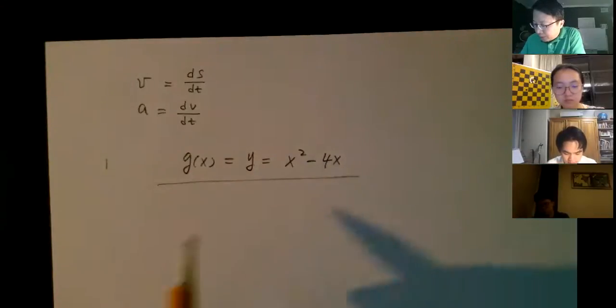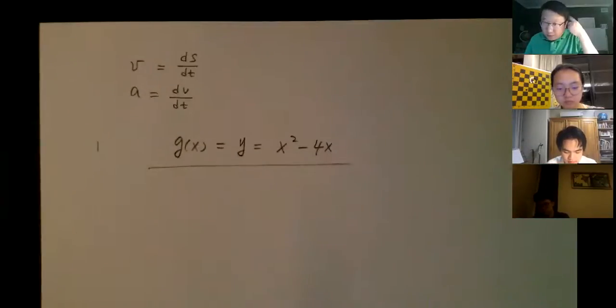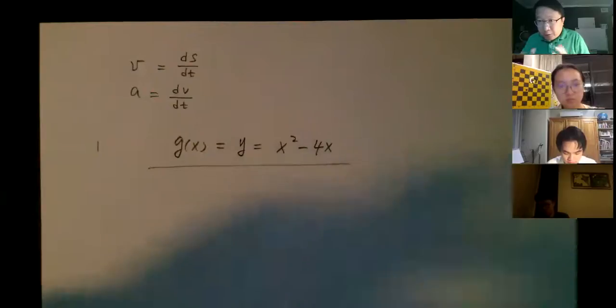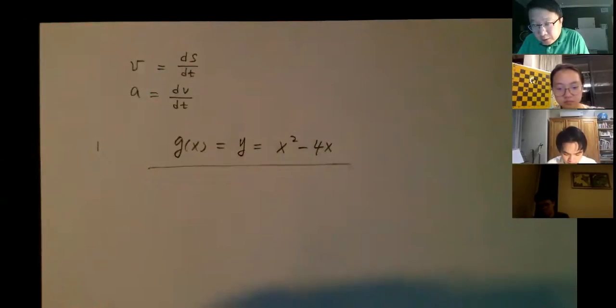If you learned algebra 1 or 2, this is a parabola. I want to know where the maximum is. This curve is bell shaped, either facing up or facing down, and I want to know where the lowest or highest point is.